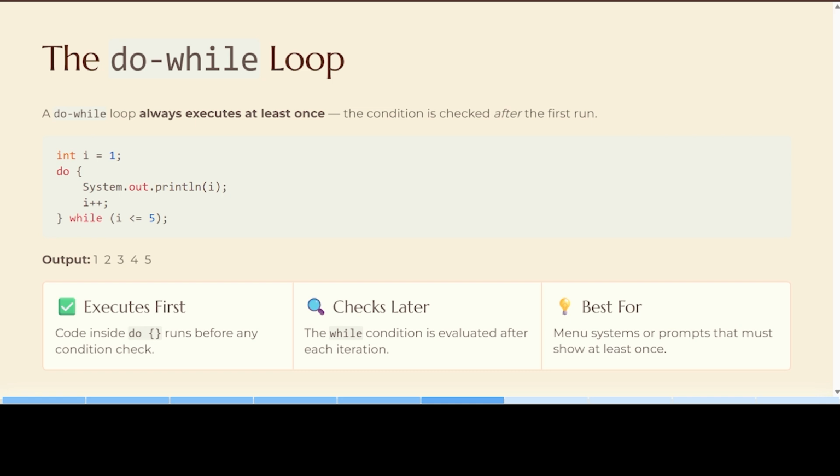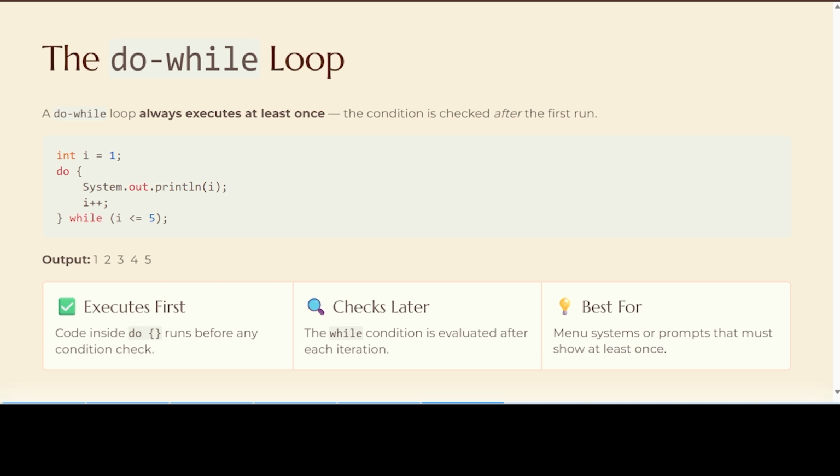See, the do part executes first, and then it checks the condition later. This is how the do while loop works. It is best for menu systems and prompts that must show at least once.